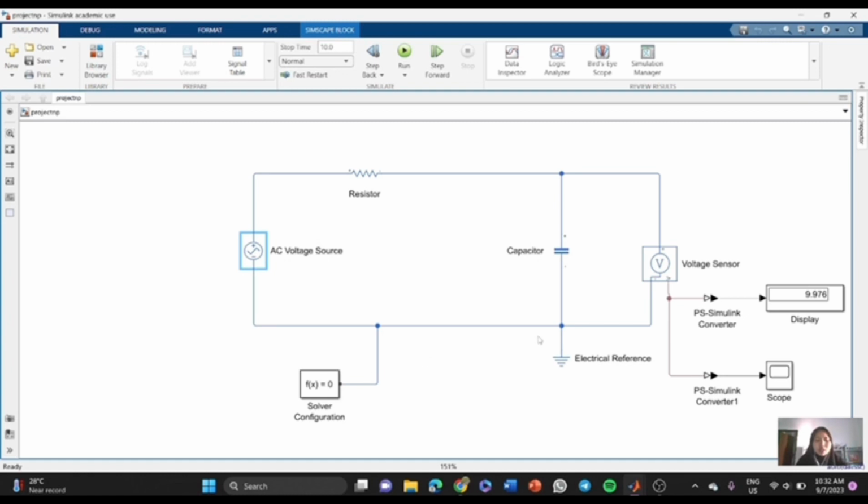Next, to get the result of the voltage value and the signal graph, we need to run the simulation and the result will be displayed on the scope.